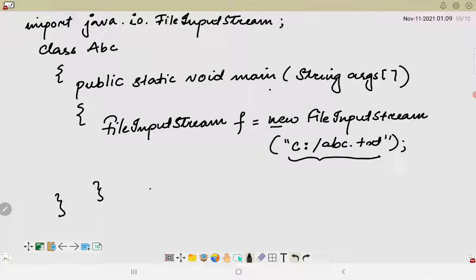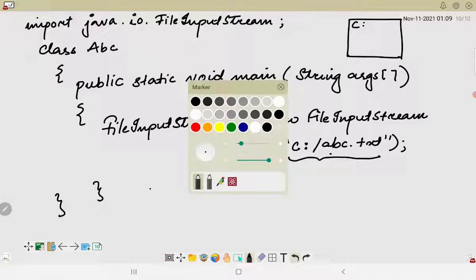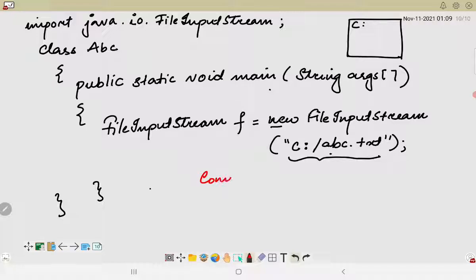Now just imagine that in my C drive I do not have this file abc.txt present. When I try to compile this, in the compilation stage itself there will be an error, an indication saying that there is an unreported exception which is likely to occur.